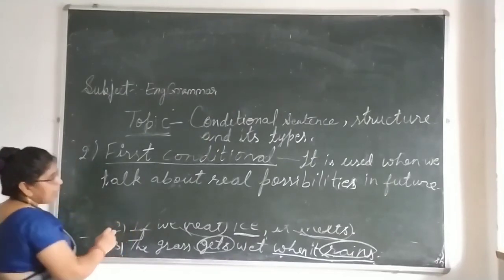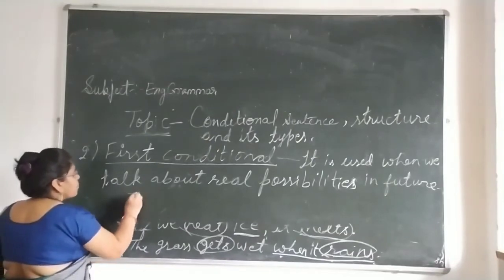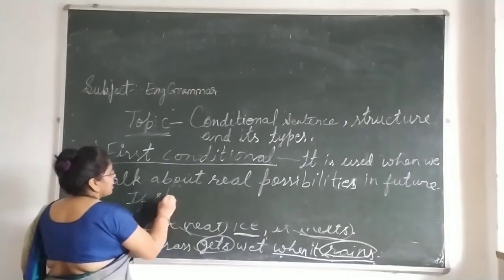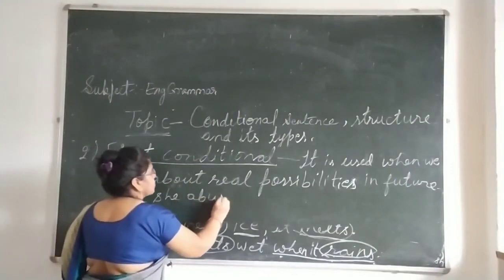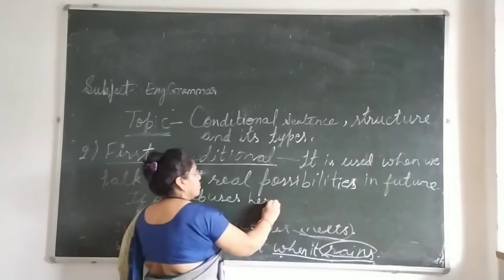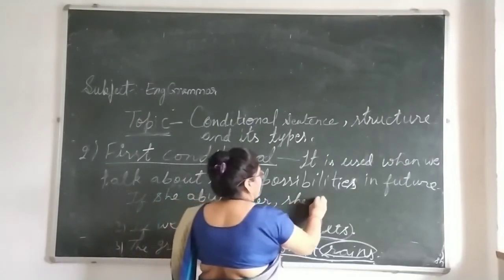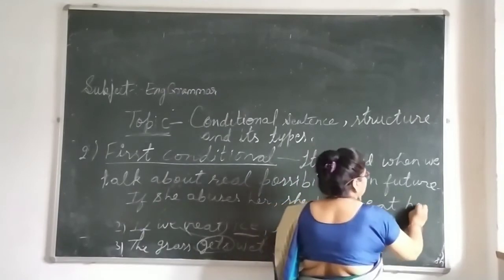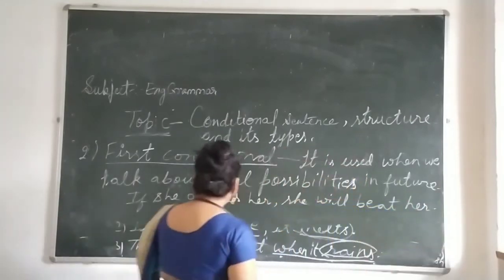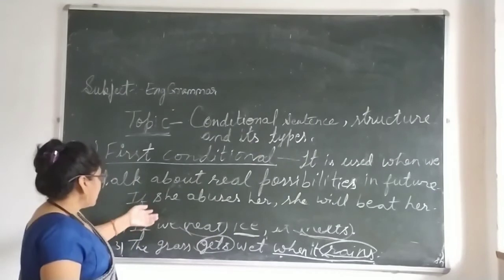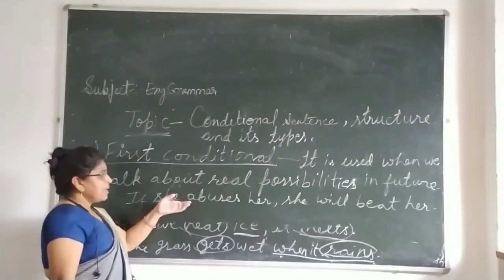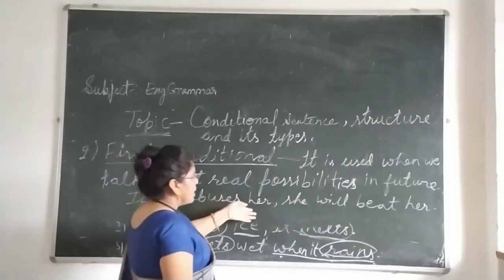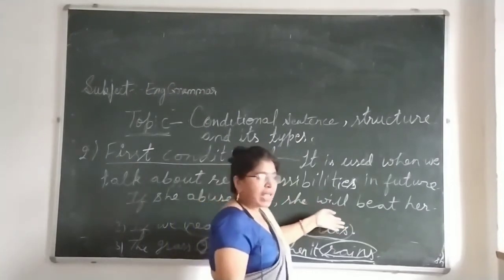Suppose that here I take the example, if she abuses her, she will beat her. What is happening in the sentence here? Naturally, if anybody abuses anybody, soon after, an action will happen.